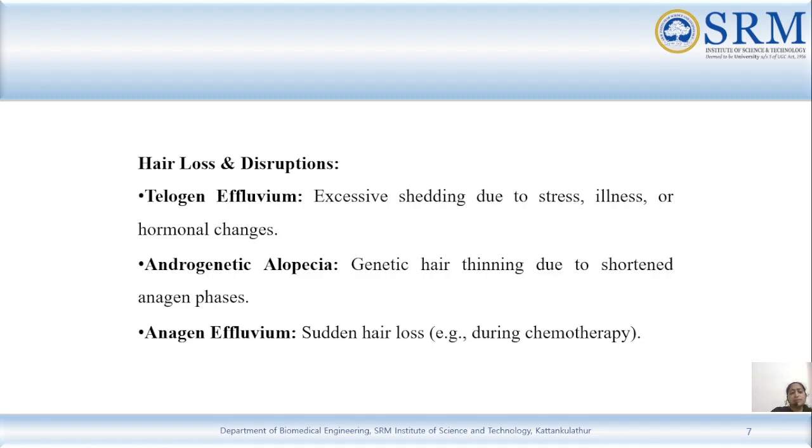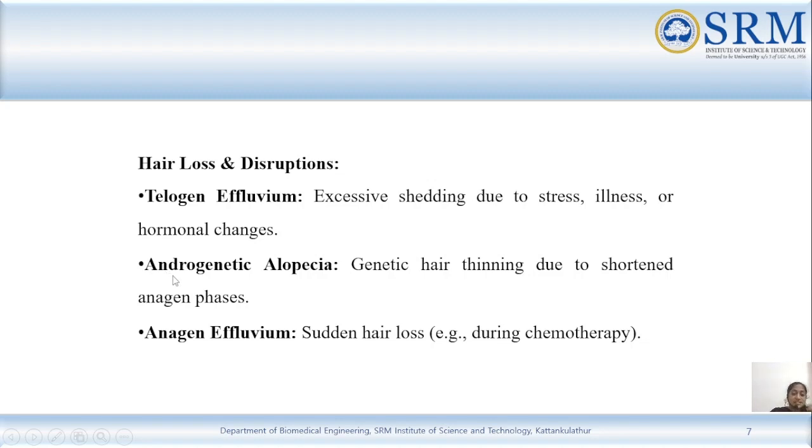Basically, in men, there's balding that is observed, which is given the term androgenetic alopecia. So that is genetic hair thinning due to shortened anagen phases. So that is another condition that is observed. And anagen effluvium, which is sudden hair loss due to certain chemotherapeutic drugs.